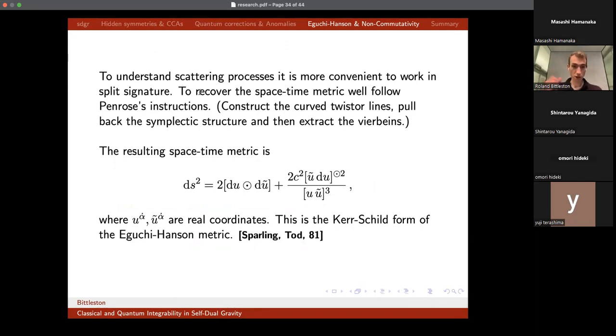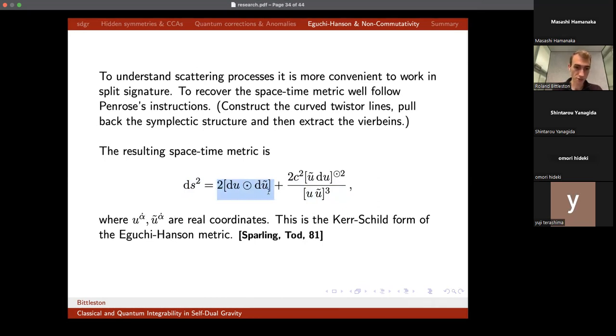So to go from this curved twistor space to the space-time geometry, we just need to do what Penrose tells us to do. There's a sequence of steps we need to perform, and I'm not going to do them explicitly for you, but they're fairly standard. If you do that, you'll find that the resulting space-time metric takes this form. And again, sorry, these dotted indices maybe make this look a little bit more complicated than it really needs to be. These u alpha dot, u tilde alpha dot are just real coordinates.